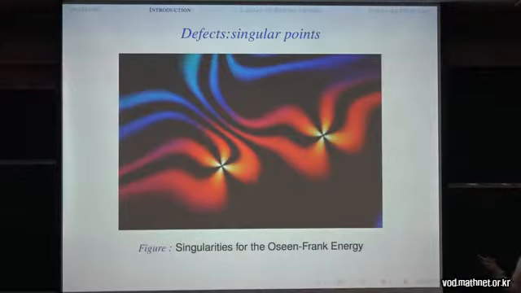That was proved by Uhlenbeck and Richard Schoen. So this kind of singular point happens only for this Oseen-Frank energy. Only when an Oseen-Frank energy minimizer allows a singular point, it should look like this one.